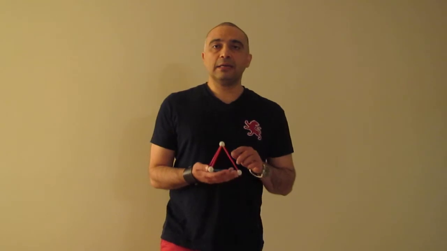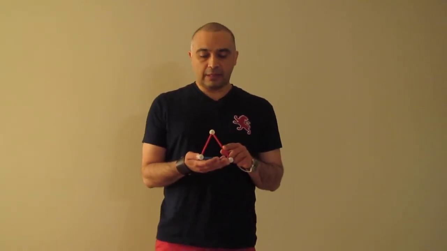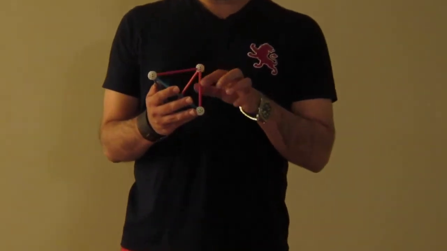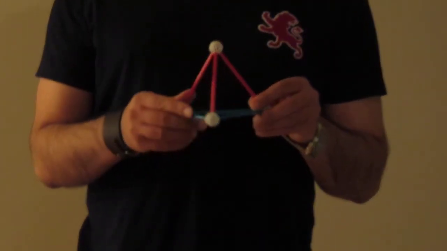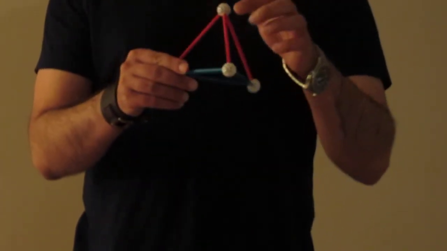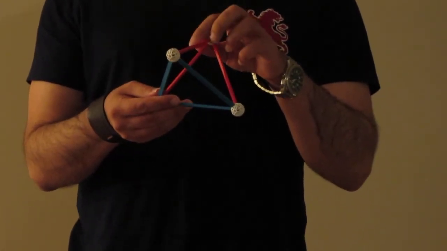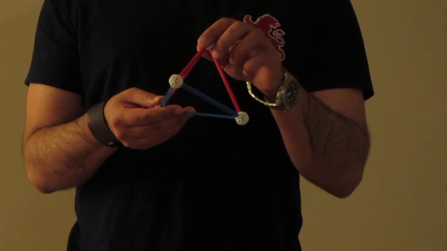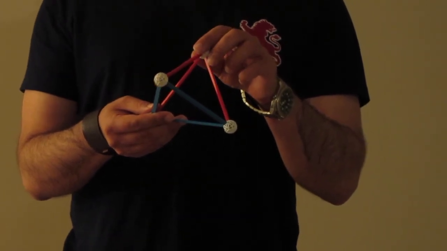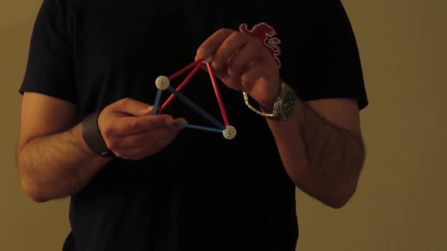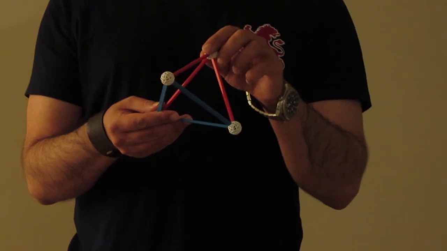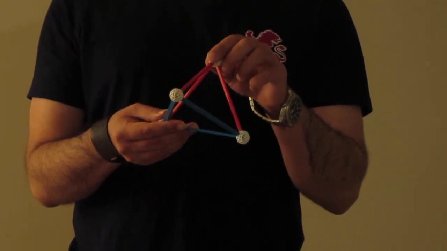For example, here we have tetrahedron. We have 3 faces which are equilateral triangles. Each one of them has 60 degrees. The sum of the angles at each vertex is 180 degrees, which is less than 360 degrees.